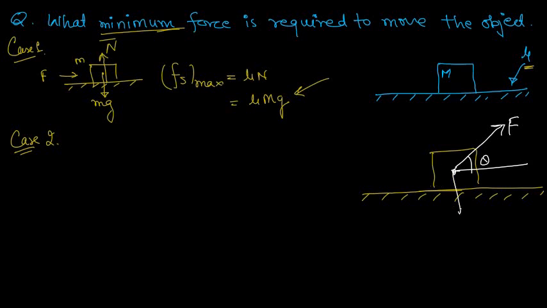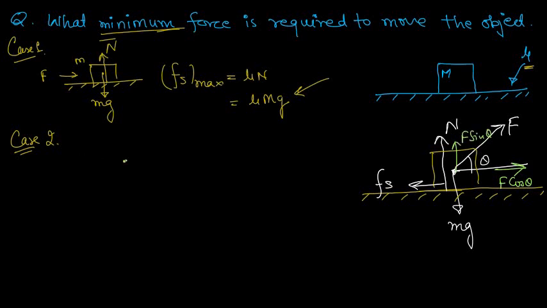So there will be a motion of this block. If it happens, then obviously there are two forces, normal upward and gravitational force mg downward, and there will be a frictional force Fs acting in this way. If I break the force into components, this component will be F cos theta, and this component will be F sin theta.